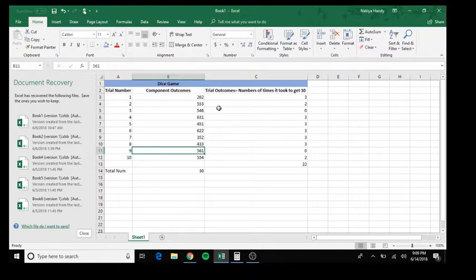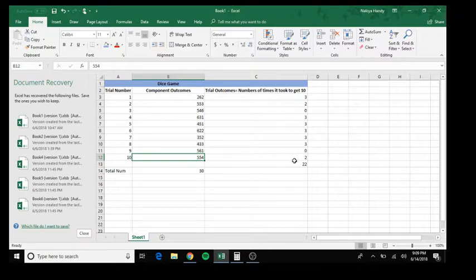So we only have 2 trials where there are only 2 outcomes, and that is trial 2 where we get 5, 5, 3. So we only needed to roll the die twice in order to get 10, so that's why we have 2. And the same goes for trial 10 where it's 5, 5, 4, and we only needed to roll the die twice again.